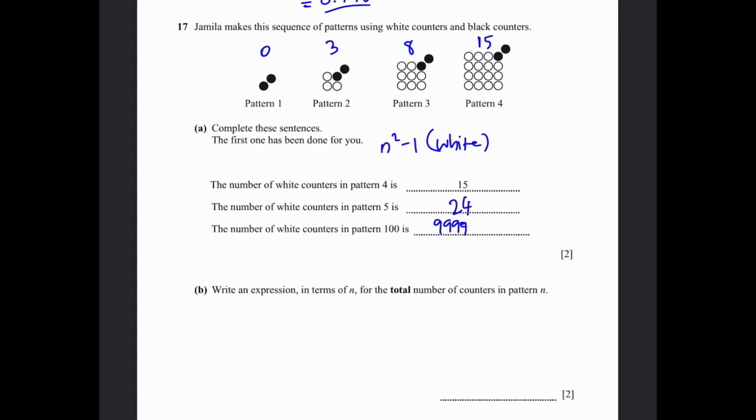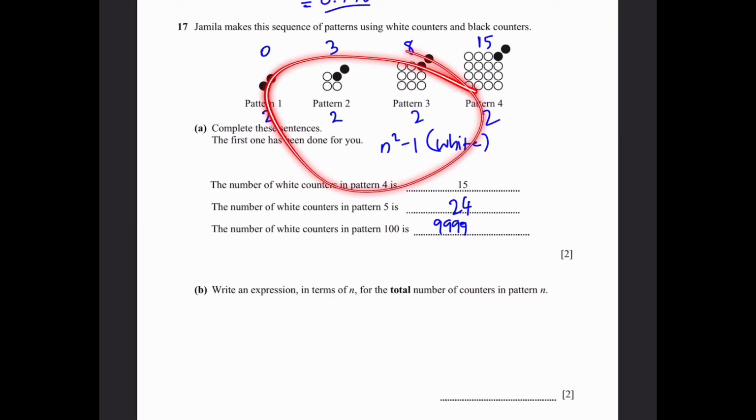9,999. Part B, write an expression in terms of n for the total number of counters in pattern n. Well, we know that the white counters is n squared minus 1, and the black counters is, for pattern 1 we have 2, pattern 2 also we have 2, pattern 3 also we have 2, same for pattern 4.